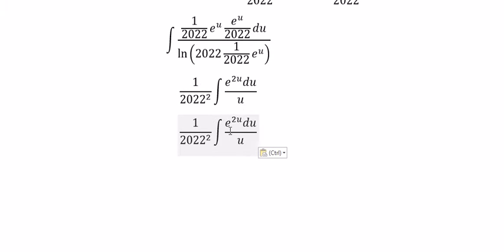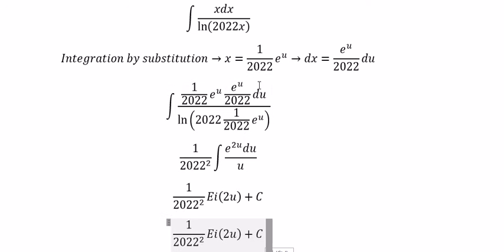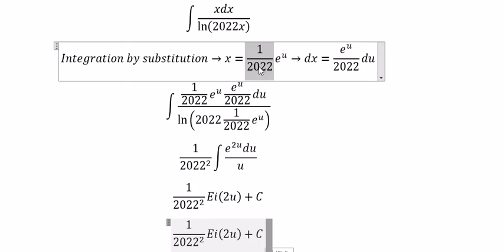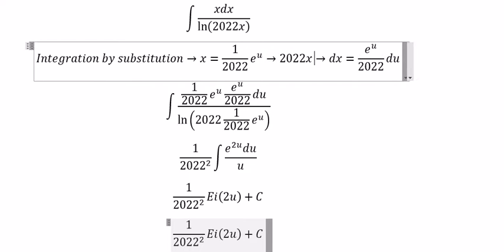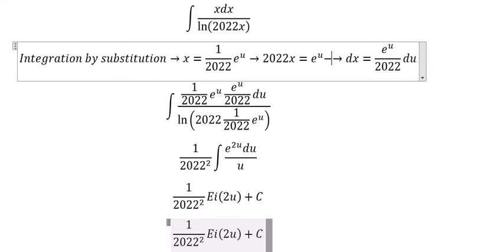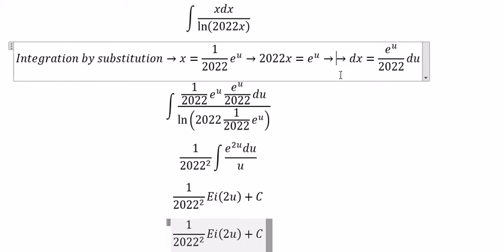The integral of this one you got exponential integral of 2u, and we put c as a constant. About u, we multiply both sides with 2022. So we can find the value of u in here.